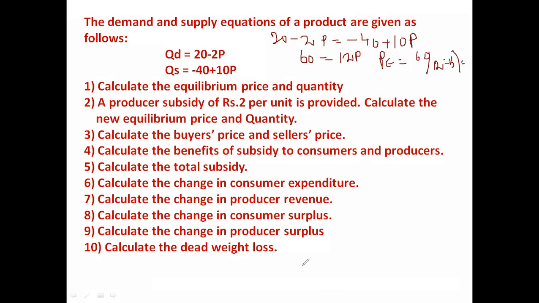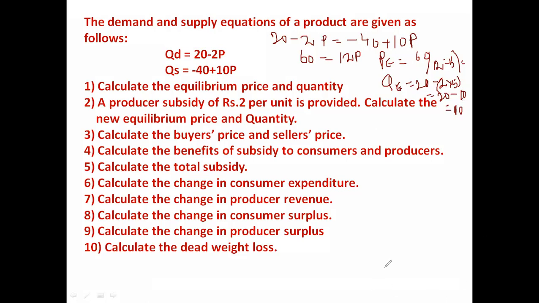Equilibrium price is 5 rupees. And the equilibrium quantity is 20 - 2 × 5, therefore 20 - 10 = 10 units. So we have got the equilibrium price of 5 rupees and equilibrium quantity of 10 units.